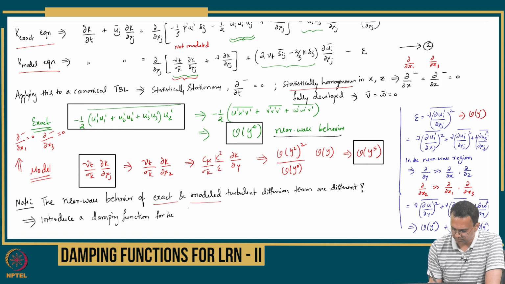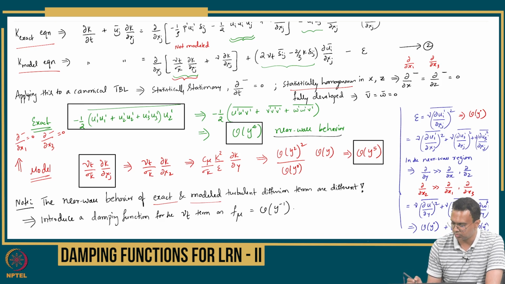for the eddy viscosity term as f mu, your damping function, which will have a 1 by y behavior. You should note here the damping function should be non-dimensional, because every term in the modeled equation is consistent dimensionally, right?